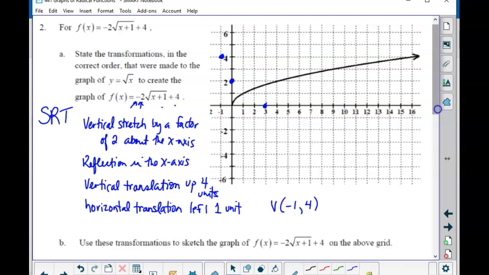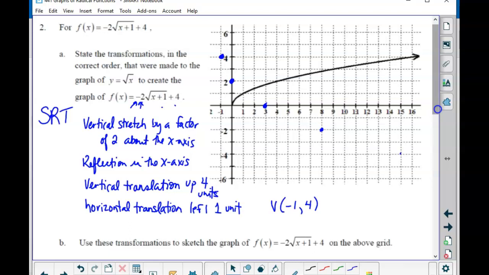Then normally for your base graph, 9 units over is 3 up, but multiplied by negative 2 would be negative 6 down from there. So from the vertex, 9 over will be negative 6 down from there. Then 16 is 4 up. 4 times negative 2 is negative 8.